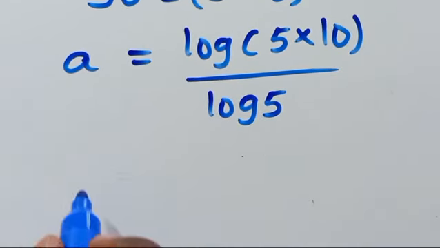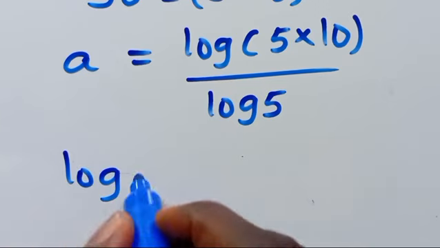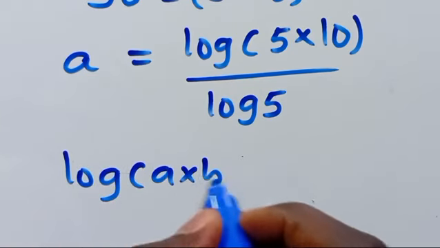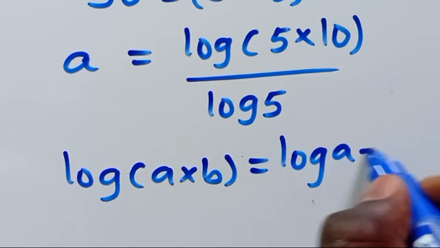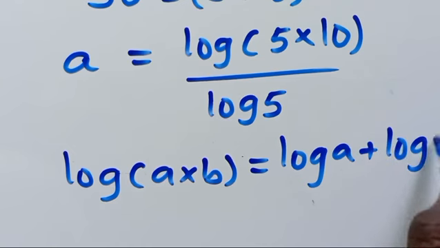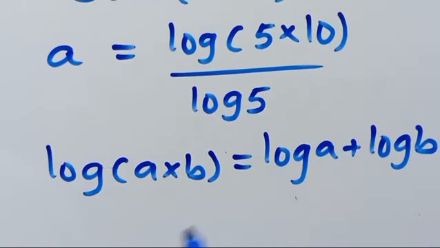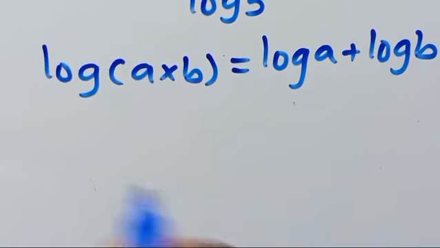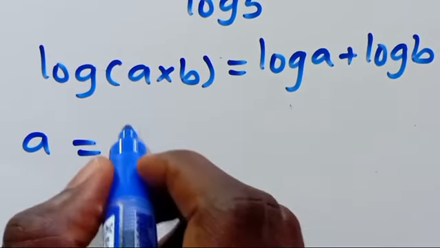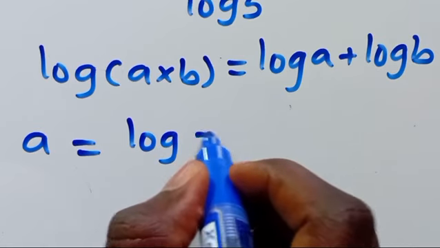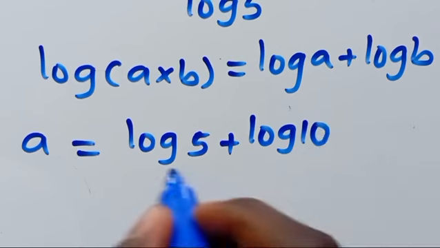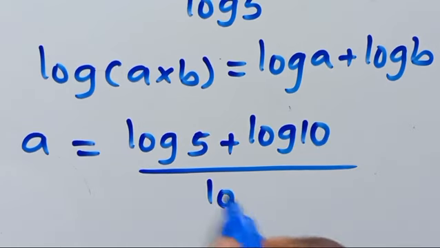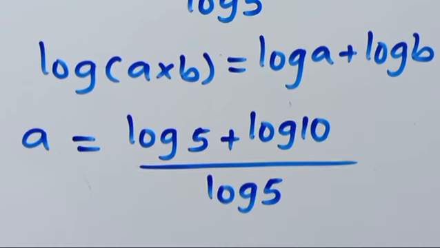Then once again, when we have log of a times b in parentheses, this can be simplified as log a plus log b. So when we apply it here, we are going to have a equals log 5 plus log 10 divided by log 5.